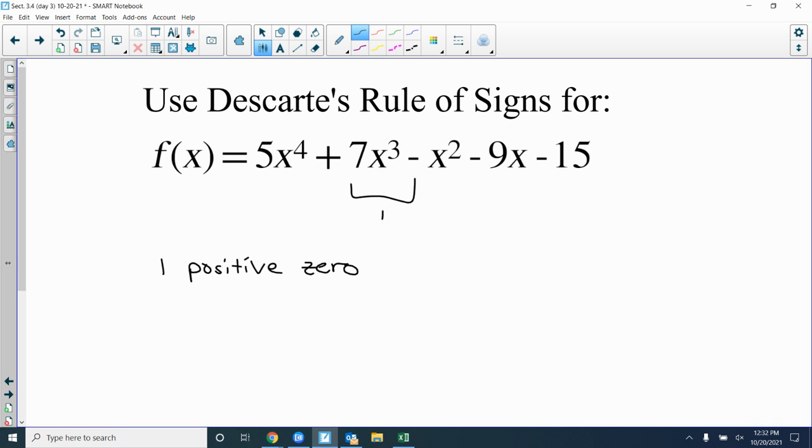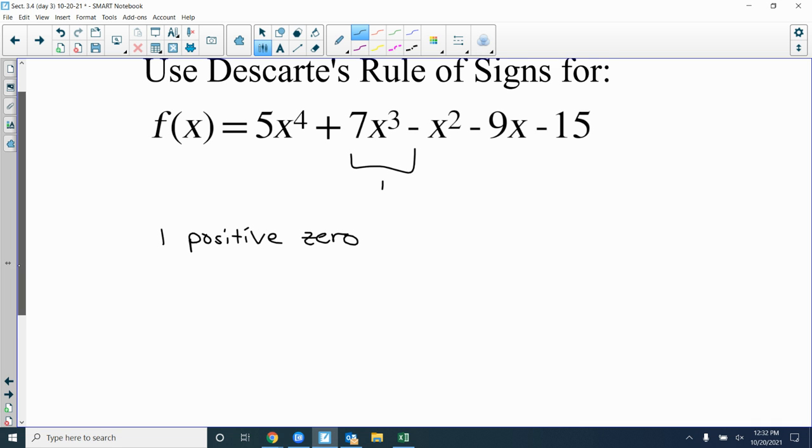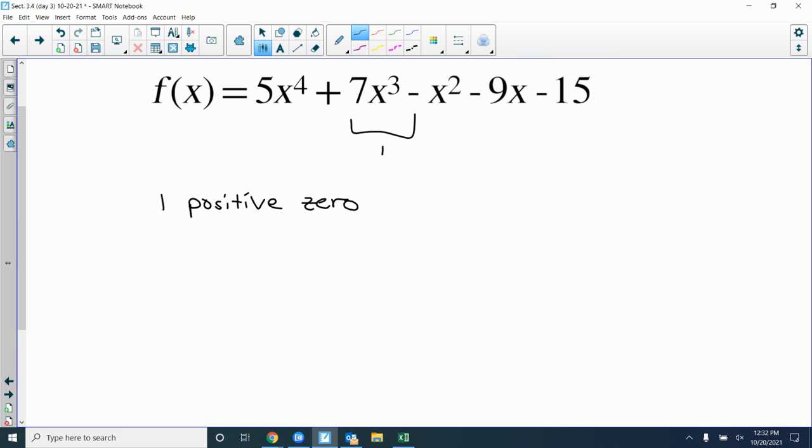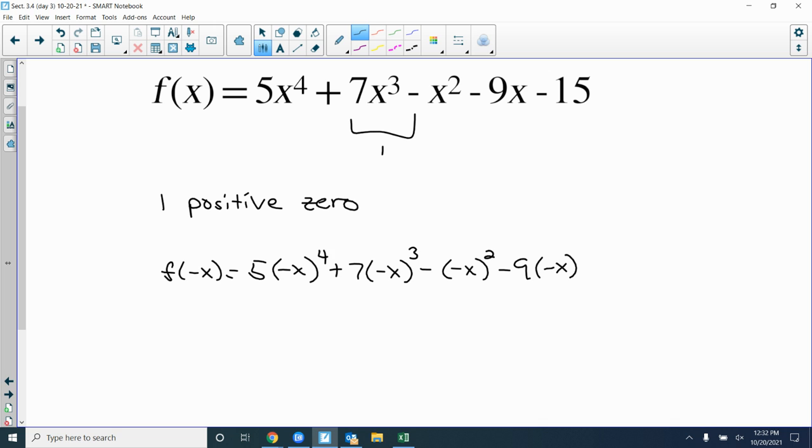Okay, one positive zero. To test for the negatives, you have to look at f of negative x, which is 5 times negative x to the 4th plus 7 times negative x cubed minus negative x squared minus 9 times negative x minus 15.